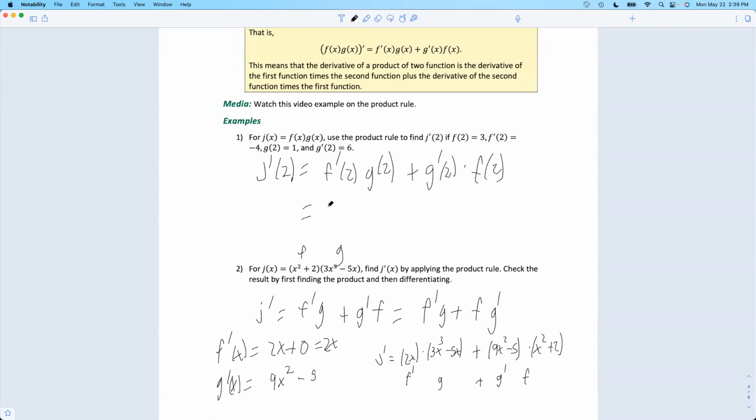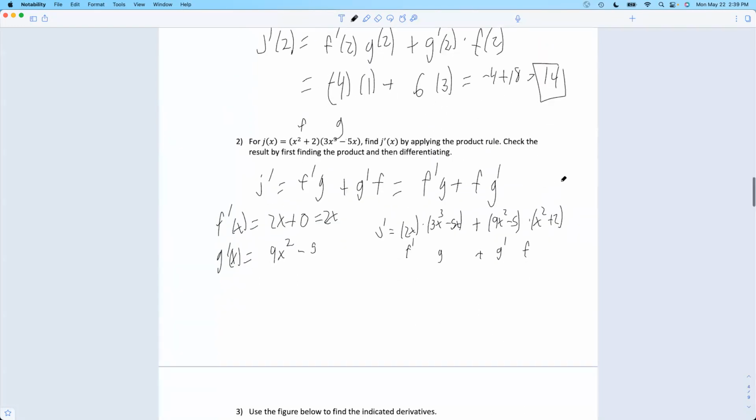F prime at 2 was -4. G at 2, regular G, was 1. G prime at 2 was 6, and regular old F was 3. So what's that? -4 plus 18, I think we get 14. Okay, that's a good place to stop there.